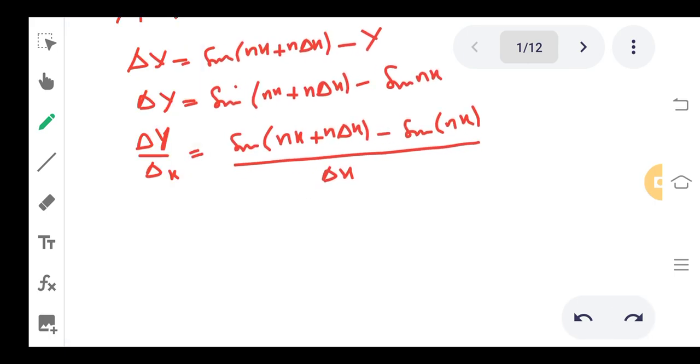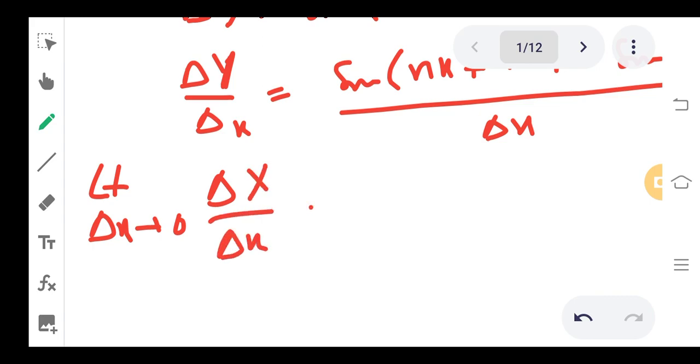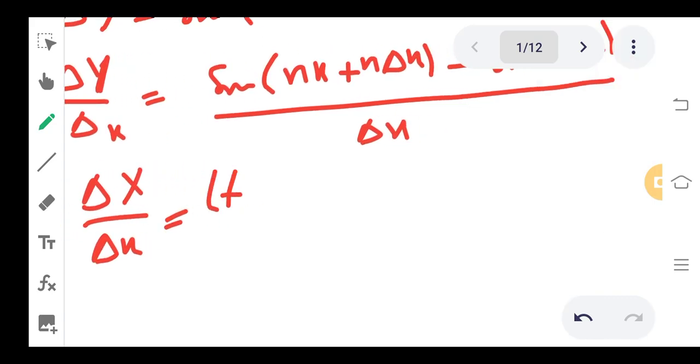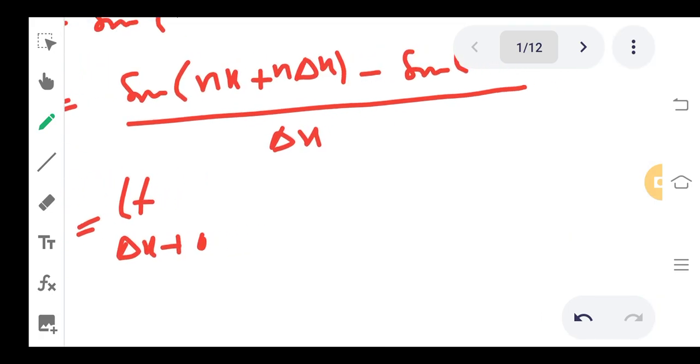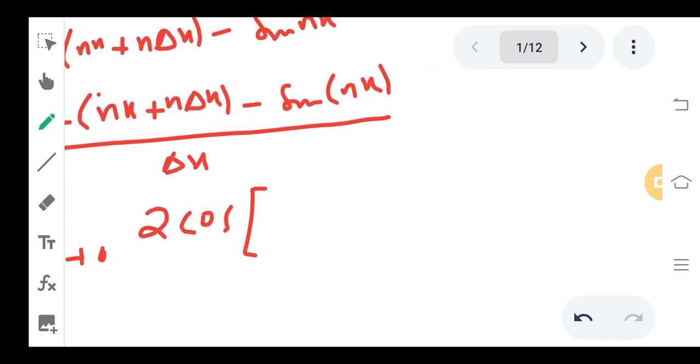So if we take the limit as delta x tends to 0, delta y over delta x will be equal to the limit as delta x tends to 0, and now we are writing this sum or difference form in the multiplication form, which is equal to 2 cos of (u plus v), where this is u and this is v.